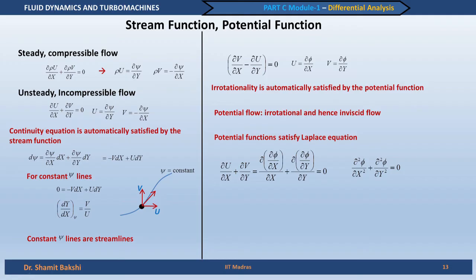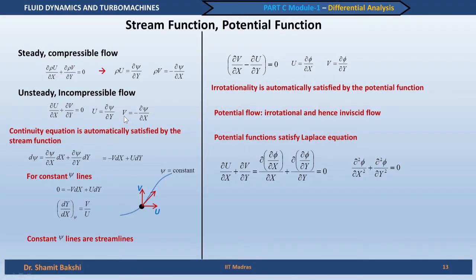So, it is not mandatory for a stream function to satisfy the Laplace equation, because you can define a stream function in a rotational flow also. It has to be a 2D incompressible flow for this definition. So, coming back to this, it will only satisfy the Laplace equation if the flow is irrotational, but the potential function should always satisfy the Laplace equation, because satisfying the continuity equation is a mandatory requirement.